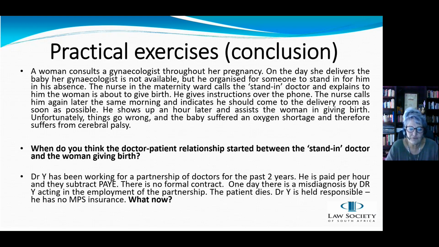Remember, there need not be a formal contract of employment. It's always good to have it in writing, but it needn't be. So the fact that there was no formal employment contract is no problem.